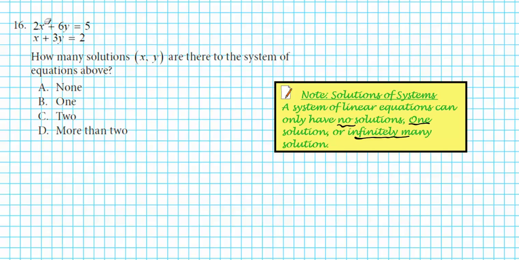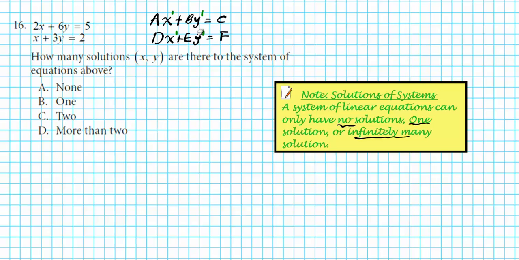Now, take a look at this system right here. How do you know that it's a system of linear equations? Well, it is because it is in the form ax plus by equals c. And then we can call the second one dx plus ey equals f. This is the standard form of the equation of a line. We know it's linear because both variables have a degree of 1, okay?